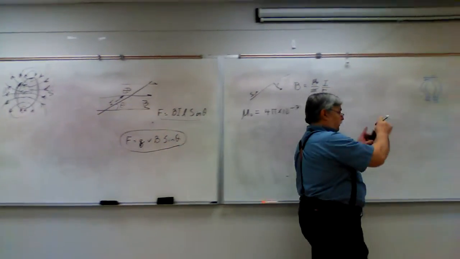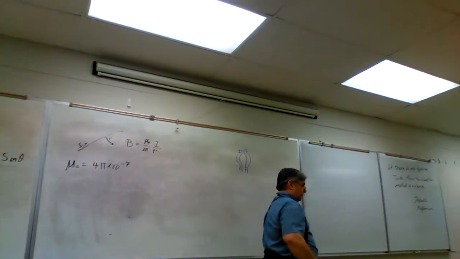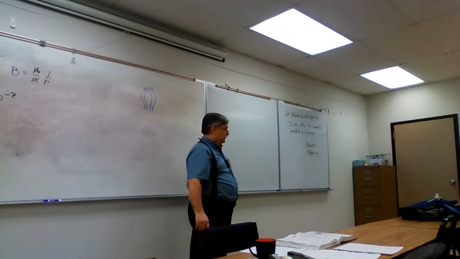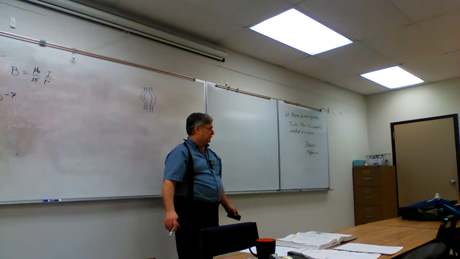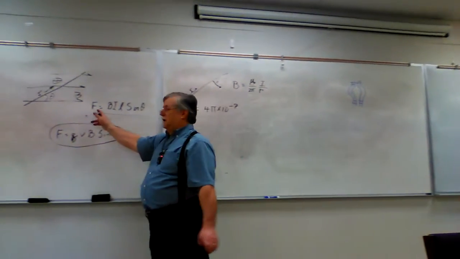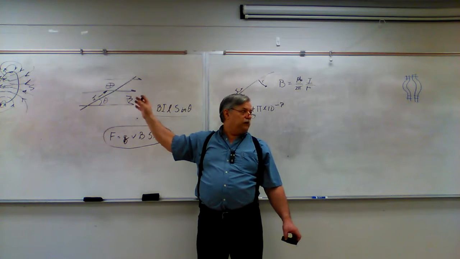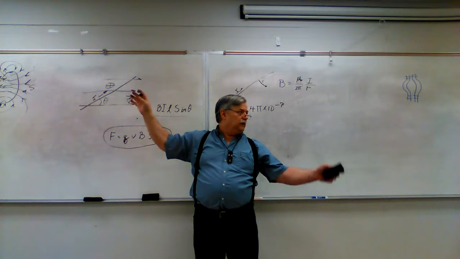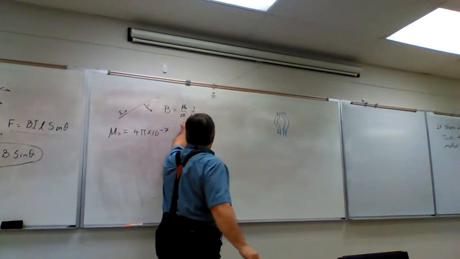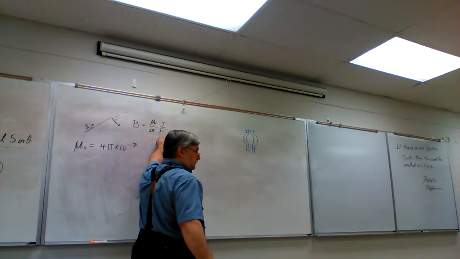In the case of the two parallel wires, it'd be sine of 90 degrees, which is 1. So yeah, this is the force exerted on a moving charge or on a current by a magnetic field. This is the value of the magnetic field.